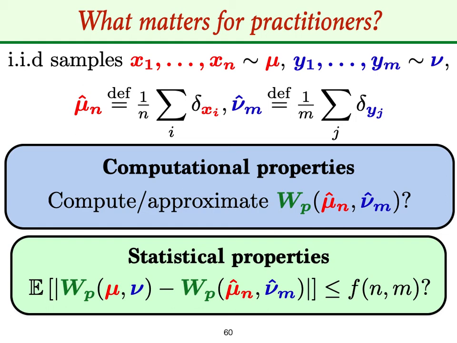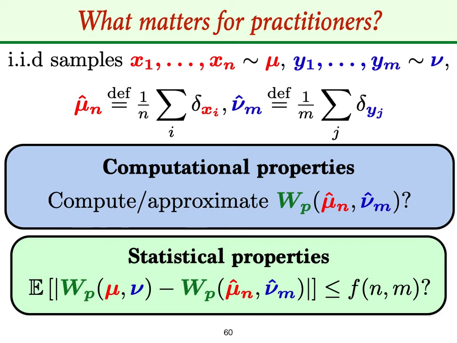In most applications, our distributions mu and nu are continuous. There are some applications where everything is discrete, but even then, if the size of that discrete set is very large, it's common to think about what we observe as a sample of a continuous distribution, or a distribution taking values in a very large space. And what we have access to is just data.